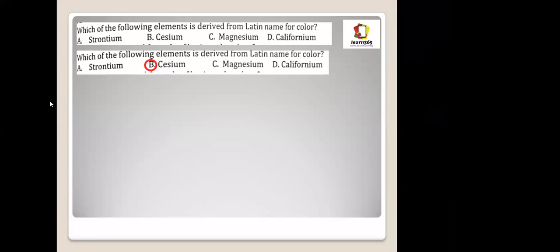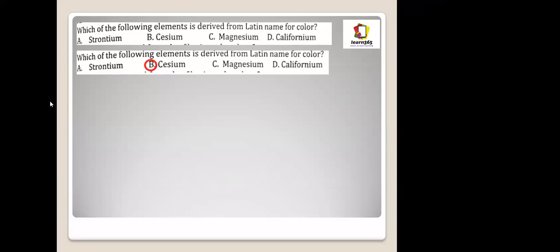Yes. B is the right answer because B is the Latin name for color. Okay, blue-gray element. Blue-gray color, Latin, it means cesium. The rest of them, A, C, and D, all these options are from the place where they were discovered. For example, strontium, option A, is from Scotland.